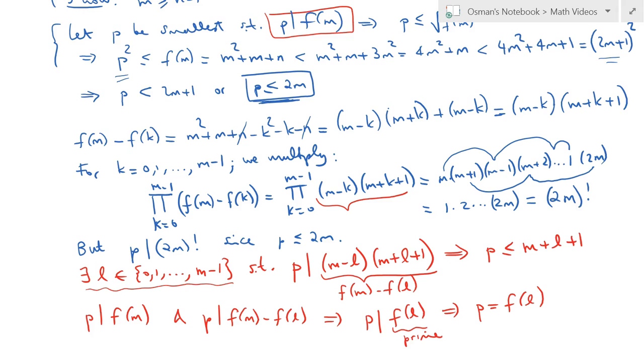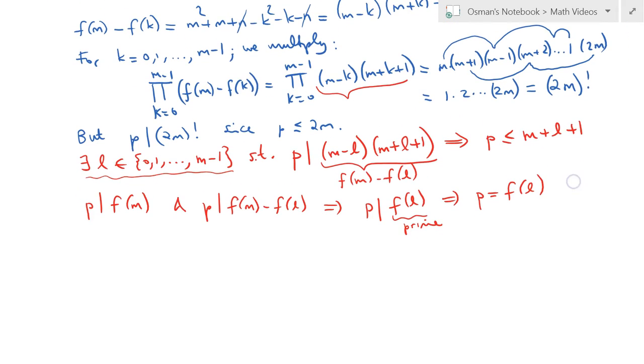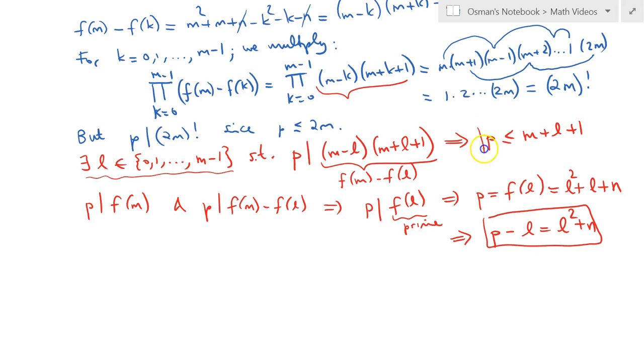And so we can say, equivalently, by the definition of the f function, that this is L squared plus L plus n, which therefore implies that p minus L is equal to L squared plus n. Now combine this with this, recasting this one as p minus L is less than or equal to m plus 1.